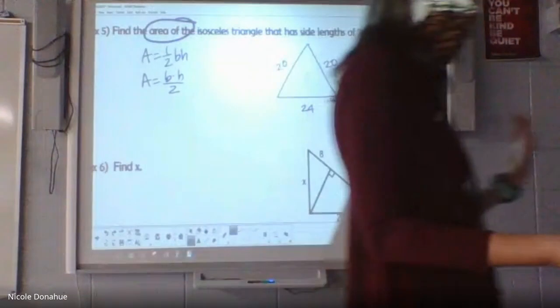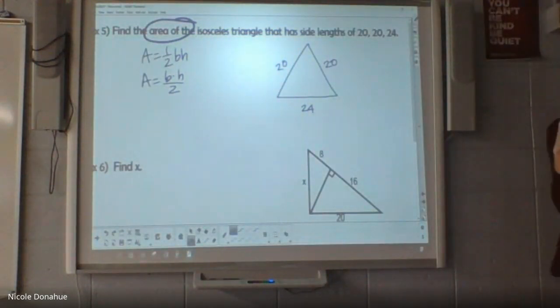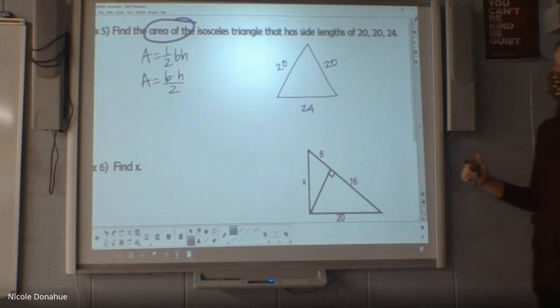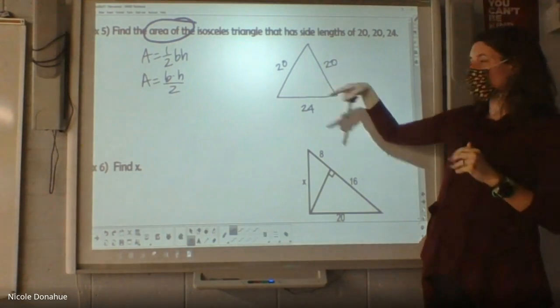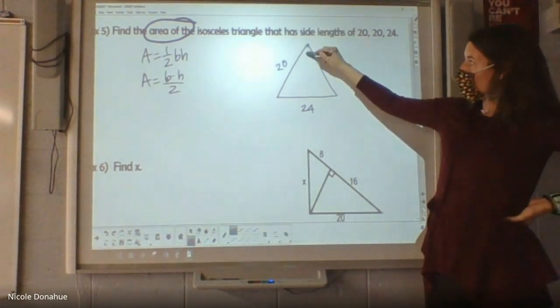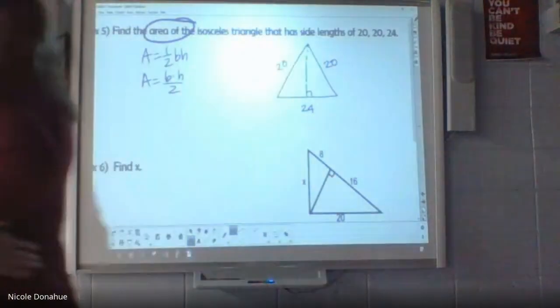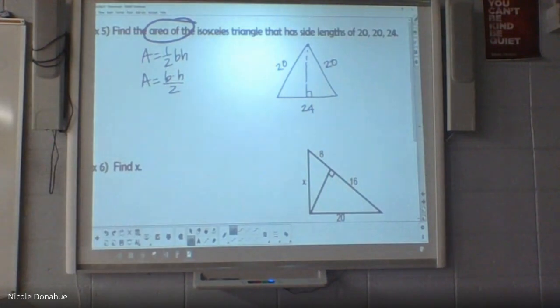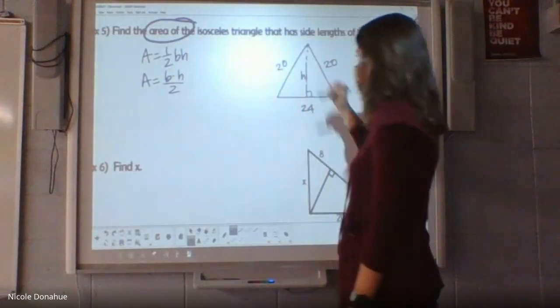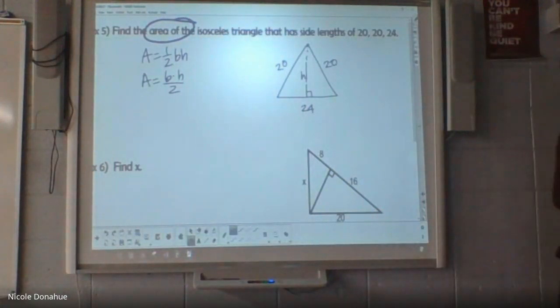Remember, we talked about this a little bit with altitudes of triangles. The base and height has to come from the fact that there has to be a right angle. And I don't know for sure that 20 and 20 would form a right angle. So I'm going to draw a right angle right down the center here. So I need to figure that out as the height. Now, this is my isosceles triangle, and I drew a line straight down the center.